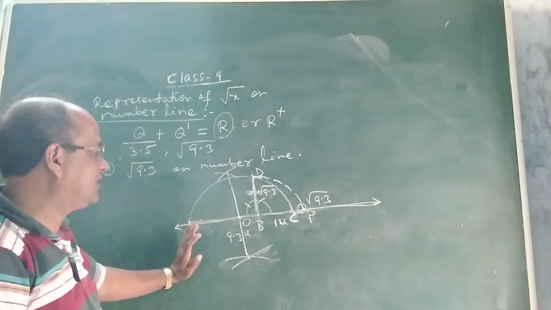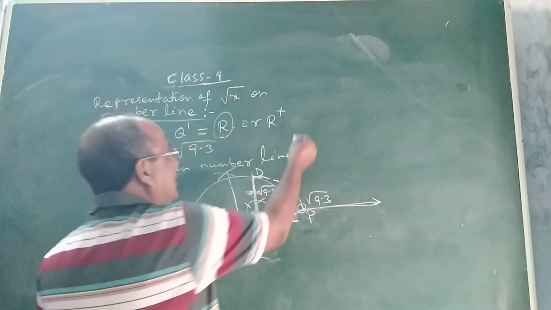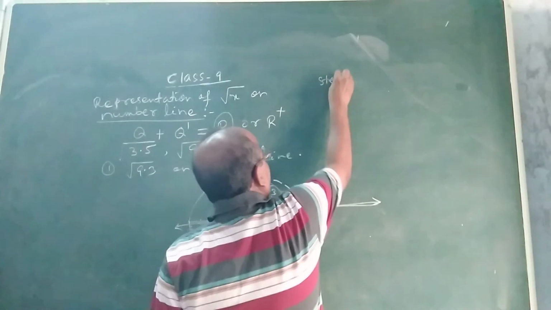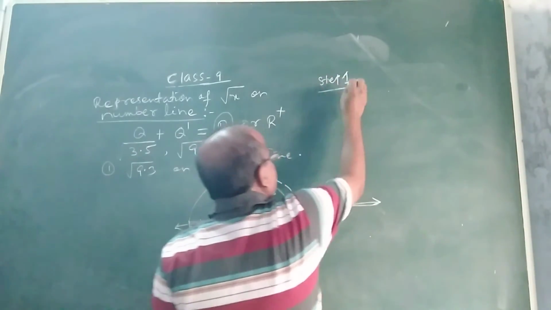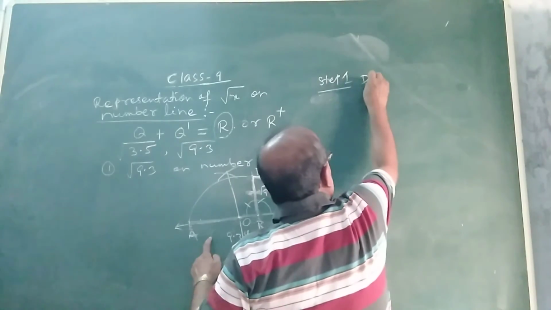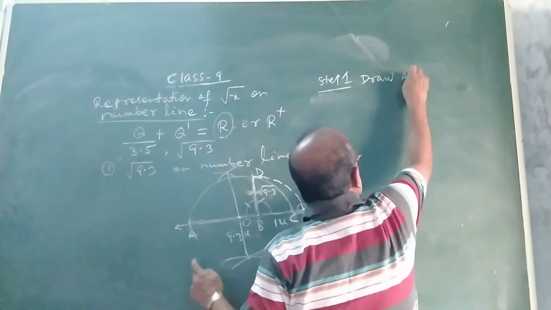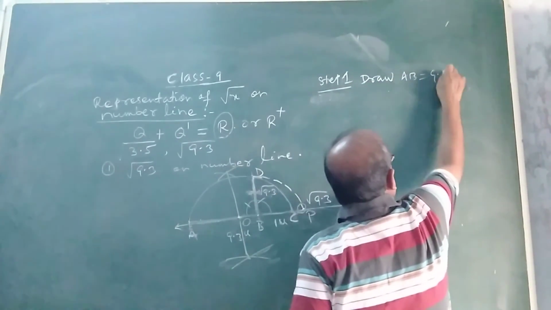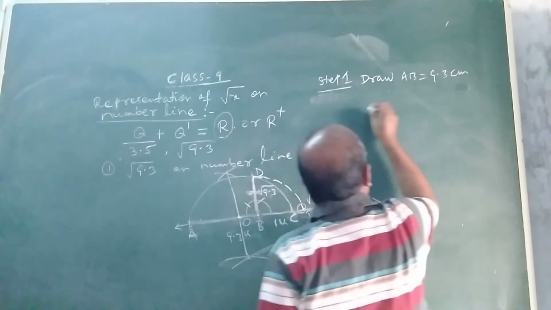I think you understood, children. Still I am writing here so that you will remember the steps. What is the first step? Step 1: draw AB equal to 9.3 centimeter or unit, whatever you say.